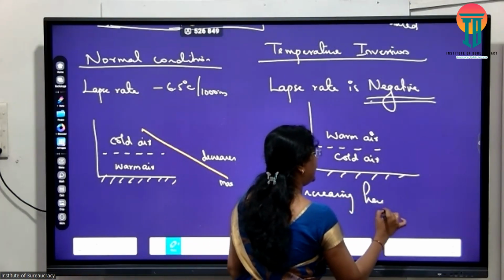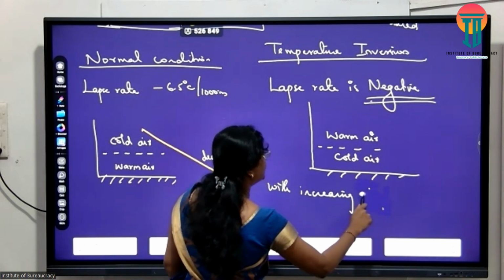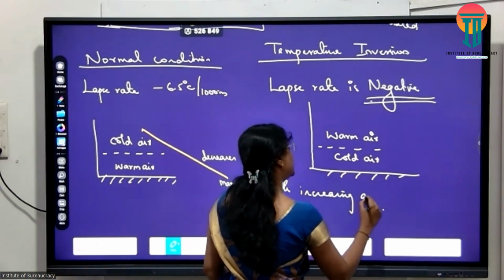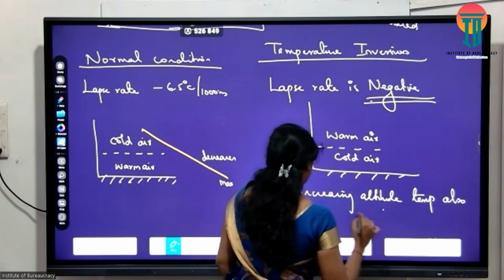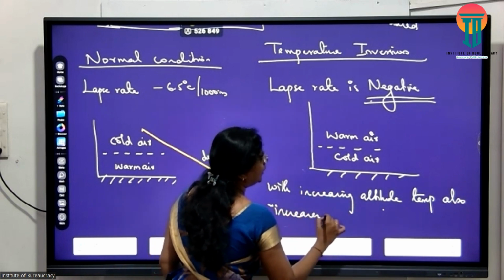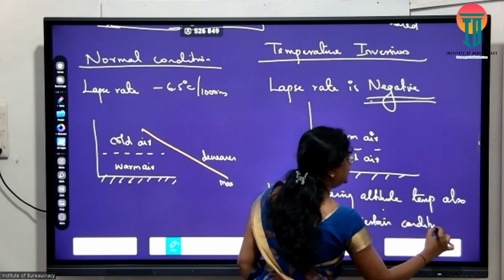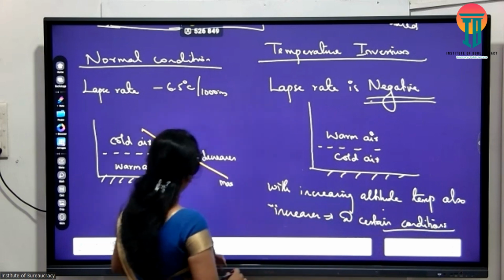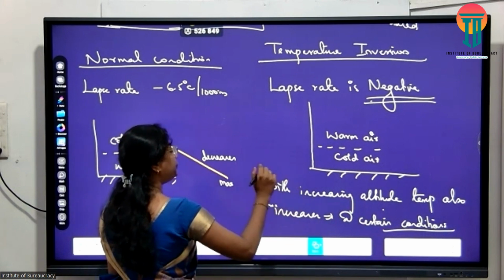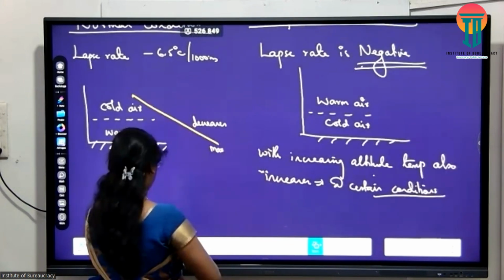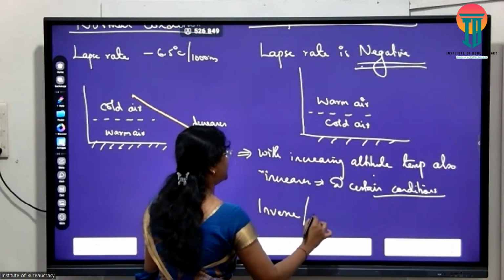With increasing height, with increasing altitude, temperature also increases. இது எப்போ at certain conditions தான், not necessarily all, at certain conditions. நார்மல் இதுதான், this is my normal conditions. lapse rate தான் ஜெனரலா, ஆனா sometimes the lapse rate reverses, inverse lapse rate or negative lapse rate.